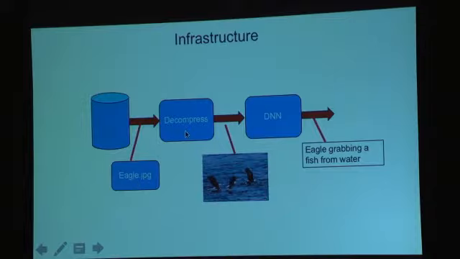And I have to make sure I have enough decompression compute capability to decompress my training images, because I'm not going to store them in decompressed format. It takes way too much storage for that. So I have to decompress them. Then I'll do the acceleration of the deep neural network, and then I'll produce an output. Maybe this was like the NeuralTalk network where I'll label the image, eagle grabbing a fish from water, and I'll have to do something with whatever the output is.